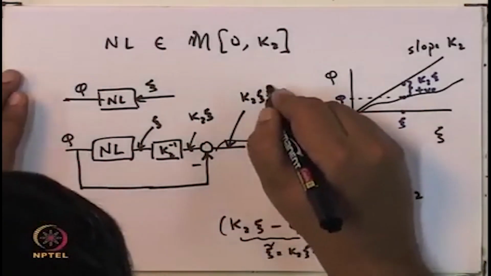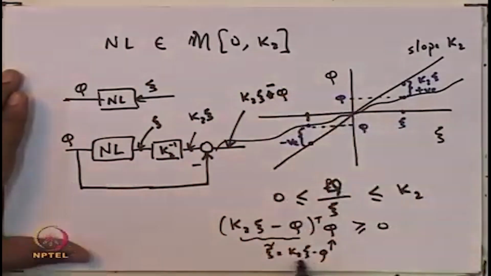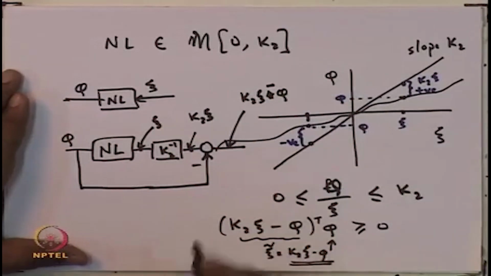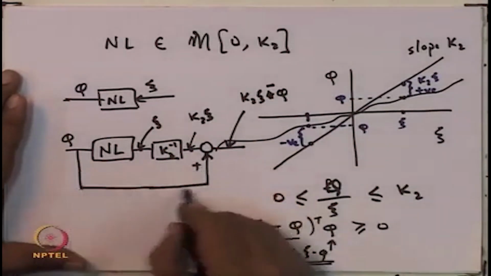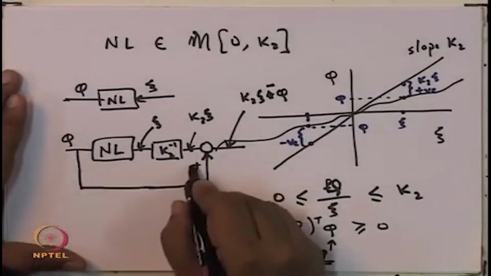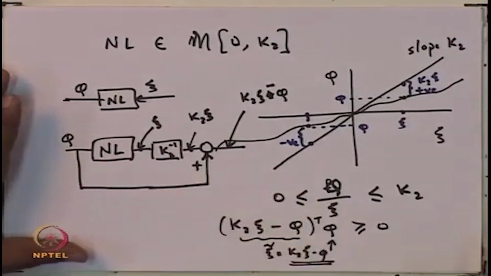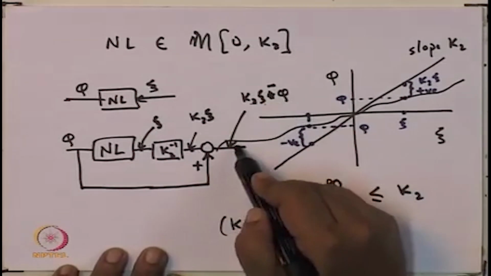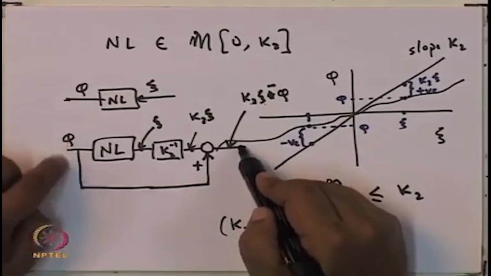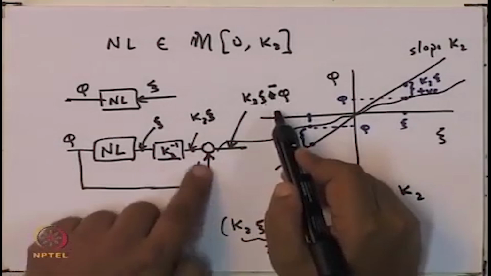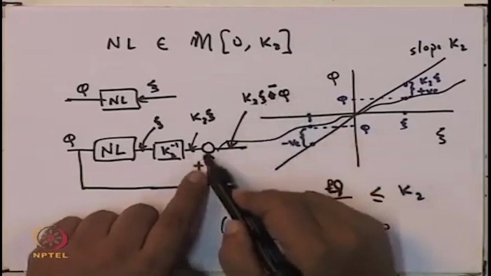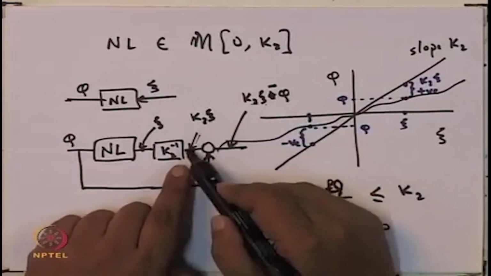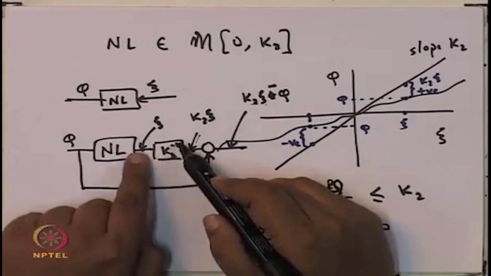So, I want K2 psi minus phi here, because that is what I want here, and so what I will do is I will feed this back, using a positive feedback. So, if I have K2 psi minus phi here and I am feeding back, this phi will cancel out that phi, and I will have K2 psi here, and then K2 inverse will give me psi here.